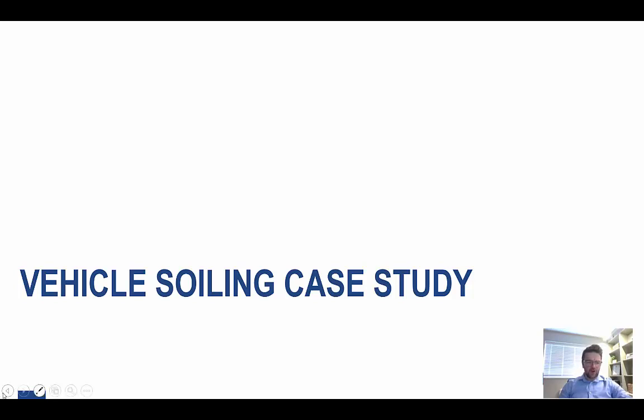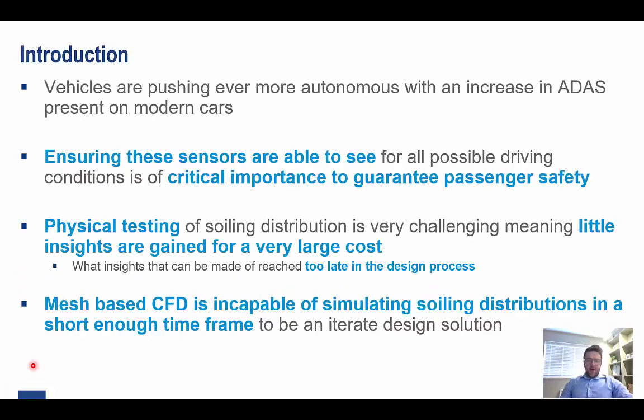So before we actually get onto the case study, I want to just talk a little bit about what the problem is that we're trying to solve and why Particle Works is the best tool for this job. First of all, as modern cars have ever more advanced driver assistance systems, and we have more and more sensors, and ultimately we're pushing towards fully autonomous vehicles, it's of critical importance that we can ensure that those sensors are able to see for all possible driving conditions, no matter what the world might throw at us.